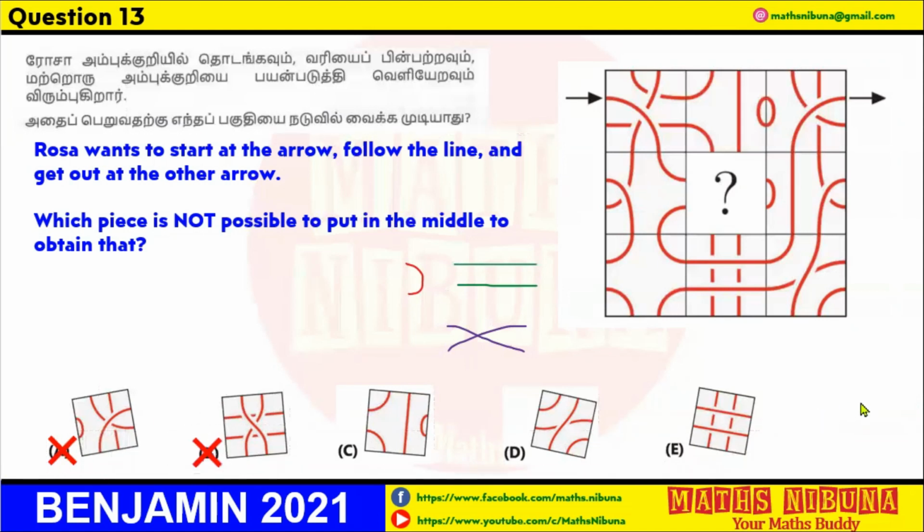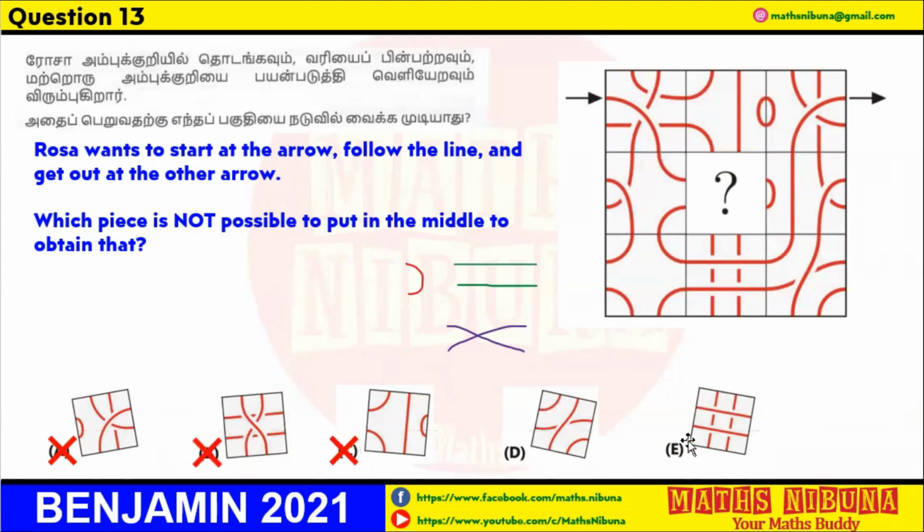Look at C. We have like this, like this, like this. C also, when you turn it around this way, there's a pathway like this. So that means C also cannot be the answer.